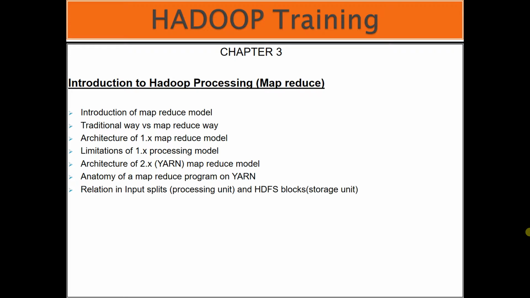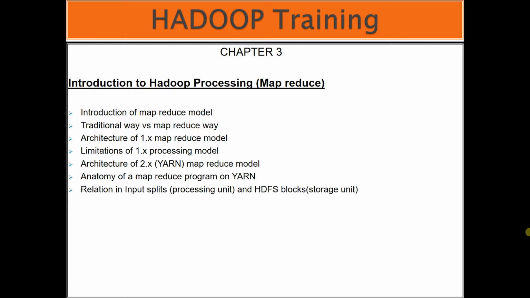Traditional way of processing versus MapReduce way of processing, architecture of 1.x MapReduce model, and in this architecture we'll talk about the interaction of all the daemons while processing a file on Hadoop cluster.